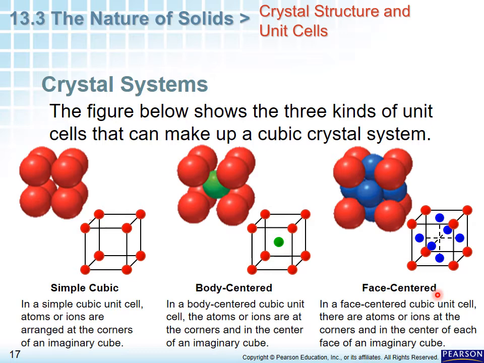Now face centered: in the face centered cubic unit cell, there are atoms or ions at the corners and at the center of each face of an imaginary cube. You can say that each side has one ion or atom.